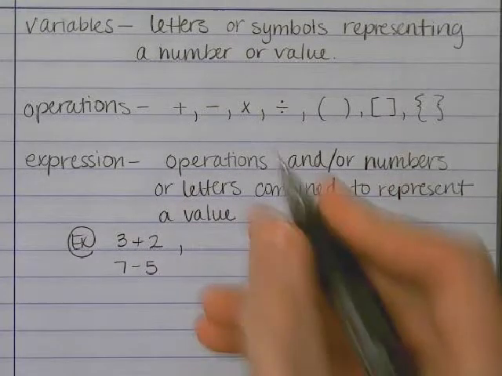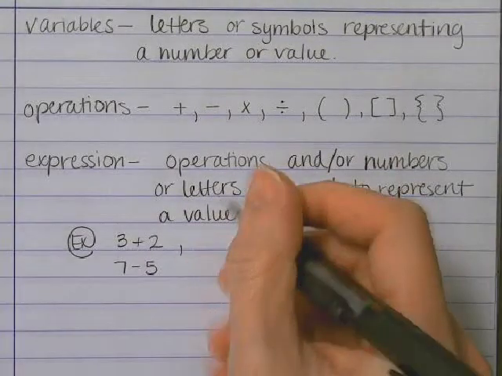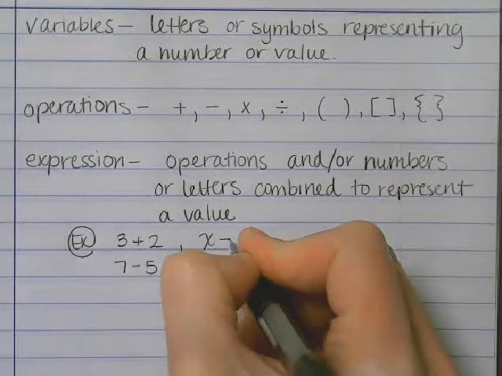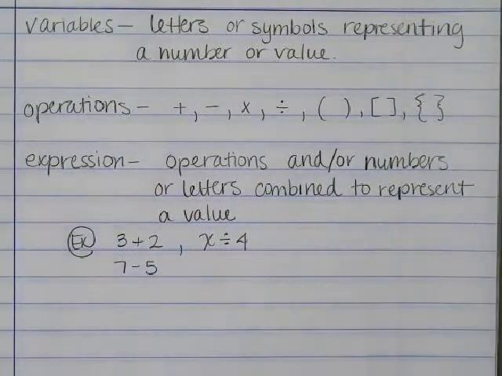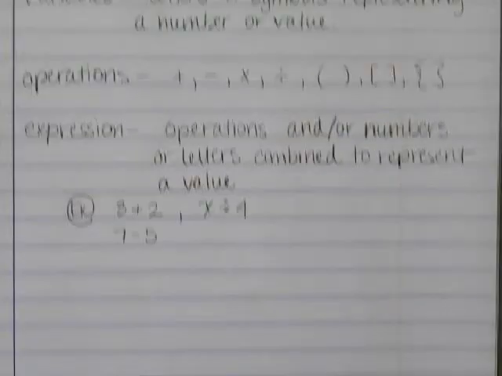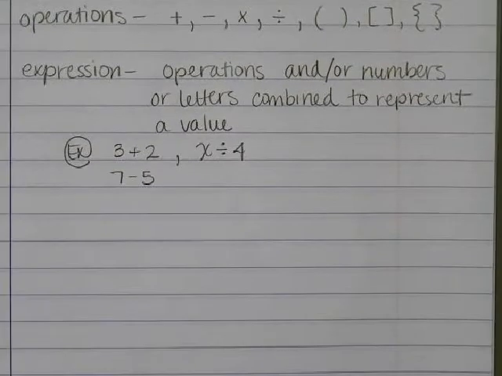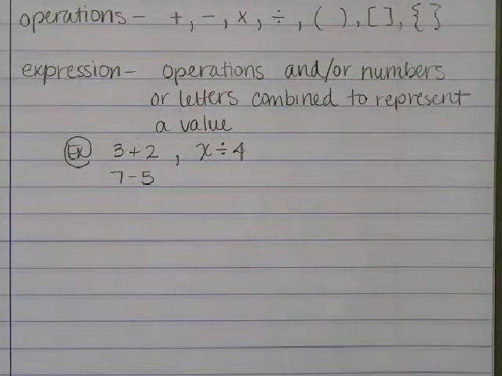We might look at problems like x divided by 4, where now we have a letter involved. We're performing an operation and we have a number also. Now, we don't know what x means. We don't know what value it stands for, but it does stand for some value.